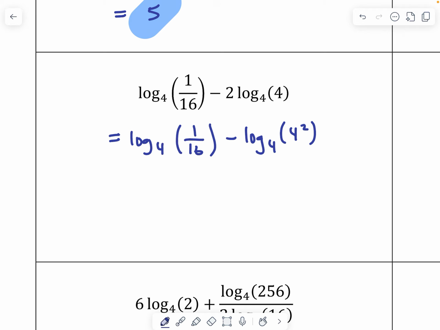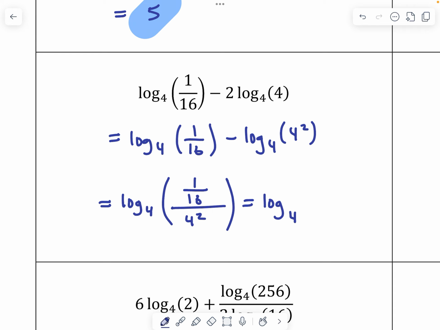Okay. Now this right here, this is subtraction outside the logarithm, so we can divide inside. So we're going to have log base 4 of 1/16 divided by 4 squared, which is log base 4. I had to think about that for a minute.